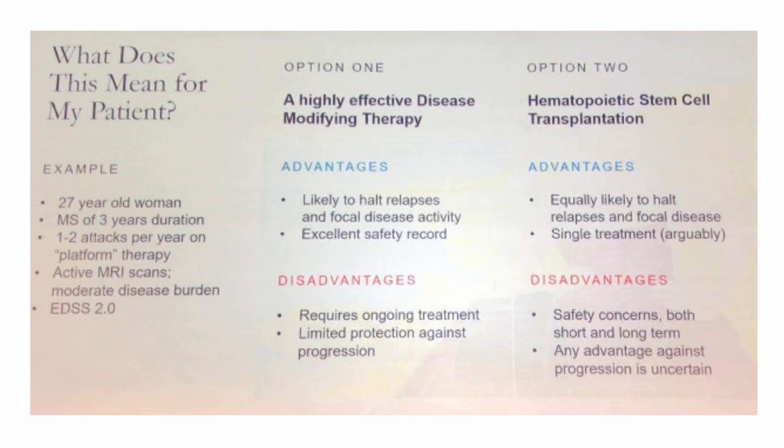Now, this is what we call equipoise, a balance of advantages as well as disadvantages. And when you have a situation like that, wouldn't it be better just to go with the highly effective DMT? Okay, so equipoise, just so everybody knows what that means: if you've got a balance and it doesn't favor one way or another, you may want to go with the lesser of the two evils.